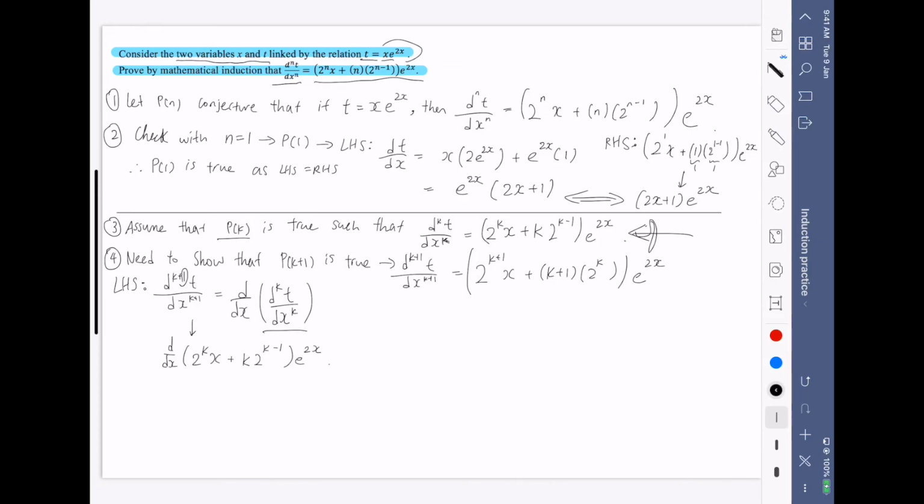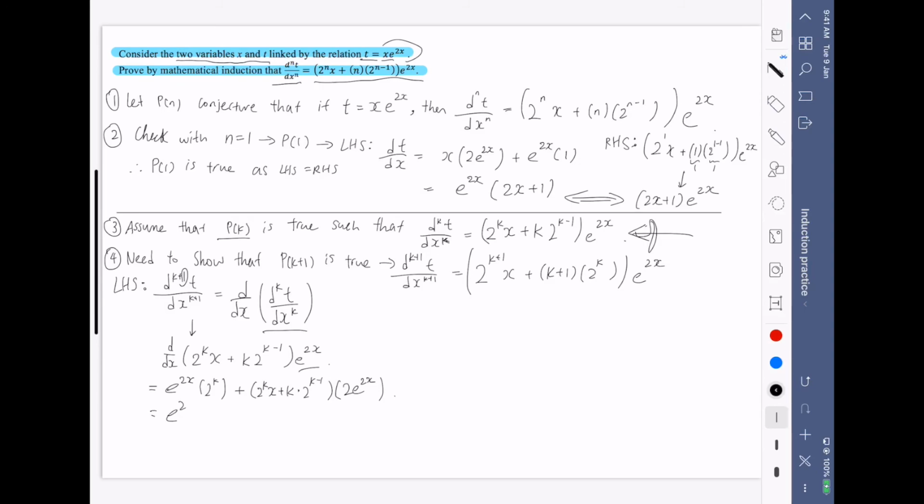Now we will differentiate this again using the product rule, which would give us e to the power of 2x times the derivative of the other function, which would just be 2^k, plus this function, 2^k x plus k times 2^(k-1), times the derivative of the other function, which would just be 2e^(2x). And then we can take out a common factor of e to the power of 2x.